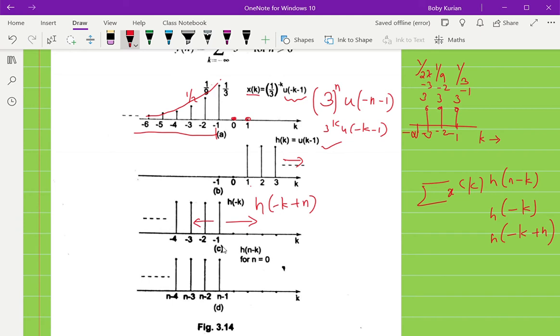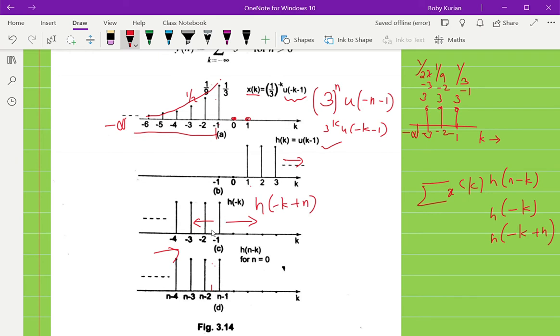Okay. So we can see when we are multiplying these two signals, x of k and h of n minus k. So this is the h of n minus k. You can see when n equal to 0, this exists from minus infinity to minus 1.